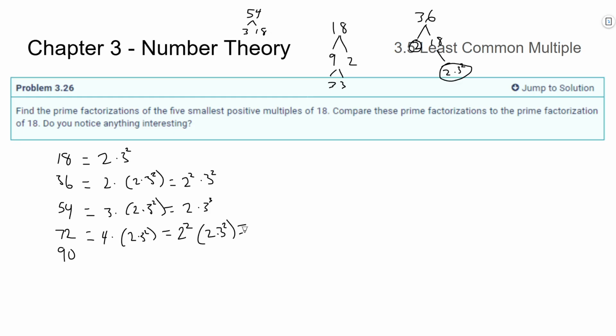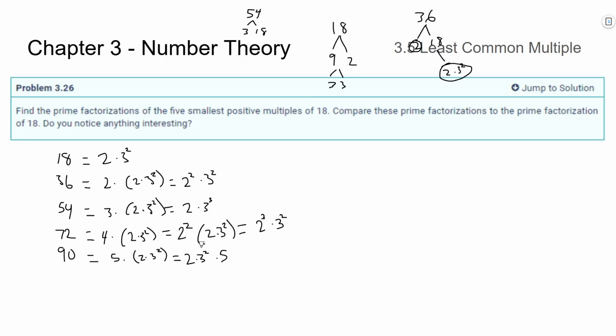Now we combine our 2's, and we have 2 cubed times 3 squared. And lastly we have 5 times 2 times 3 squared. We don't have a 5 here, so we'll just tack that on the end. So 2 times 3 squared times 5. So those are our prime factorizations.